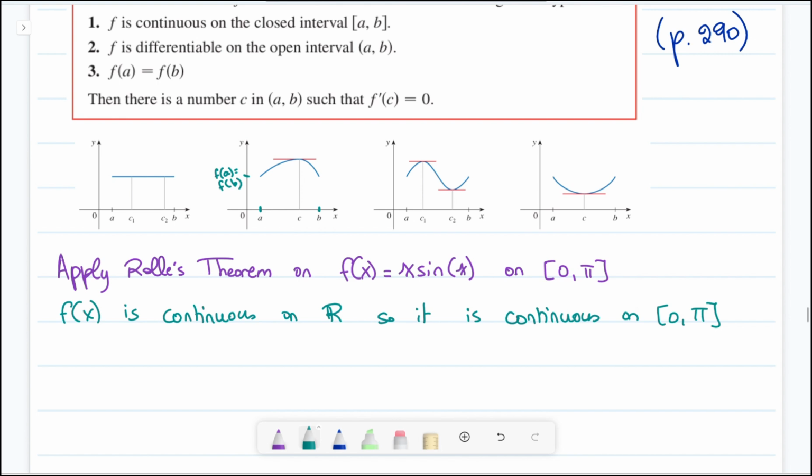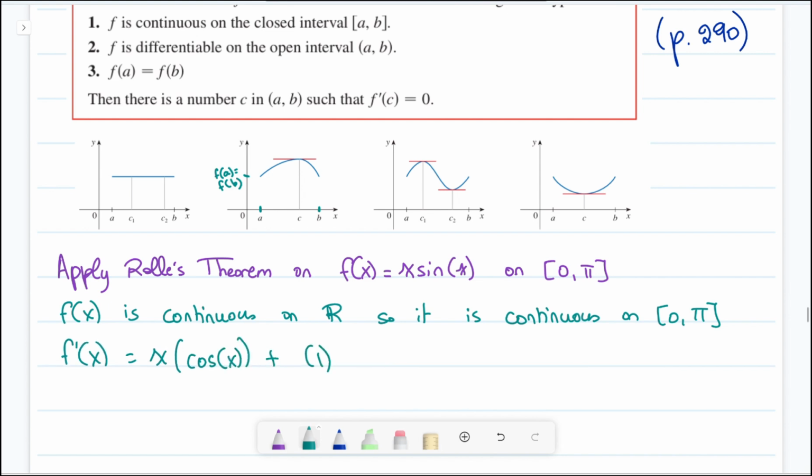Just to note that x itself is continuous on all the real numbers, and sine of x is also continuous on all the real numbers. Now let's look at the second condition. f has to be differentiable on the open interval a till b. So let's differentiate, and this will become clear to us. So f prime of x, this is the product rule. We keep the first term, we multiply it by the derivative of the second term.